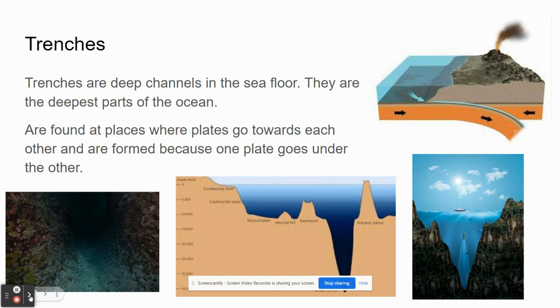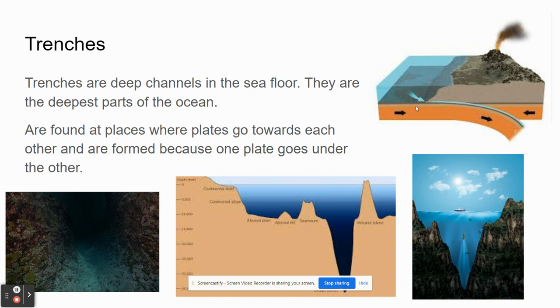This really, really deep space right next to where it says stop sharing, that's a trench. The deepest places in the ocean are these trenches. So you can see a couple pictures of what's going on. And the top one actually shows an arrow of where a trench would be.